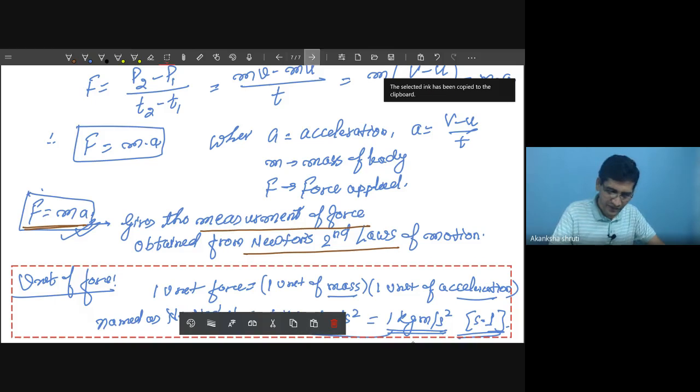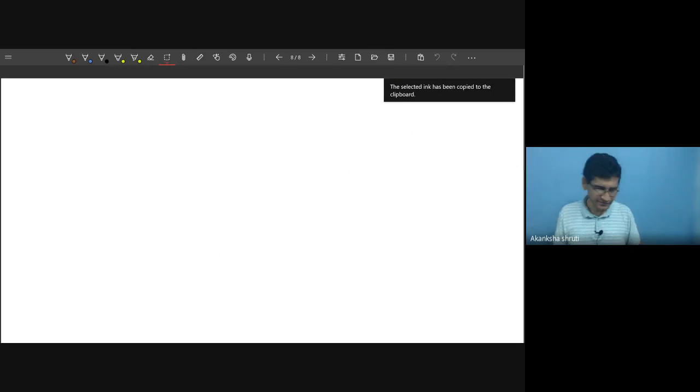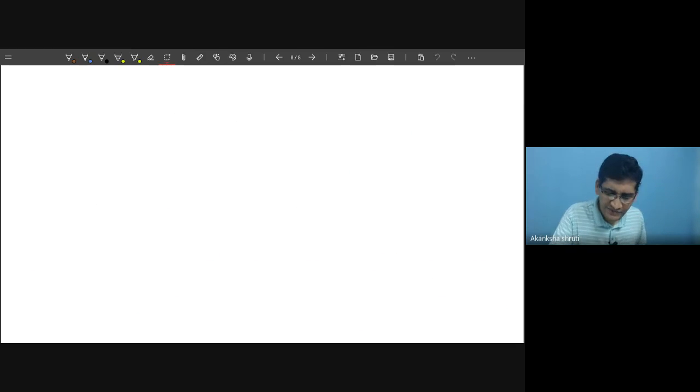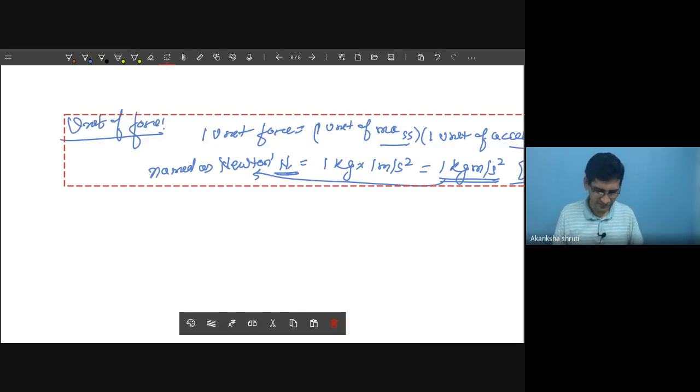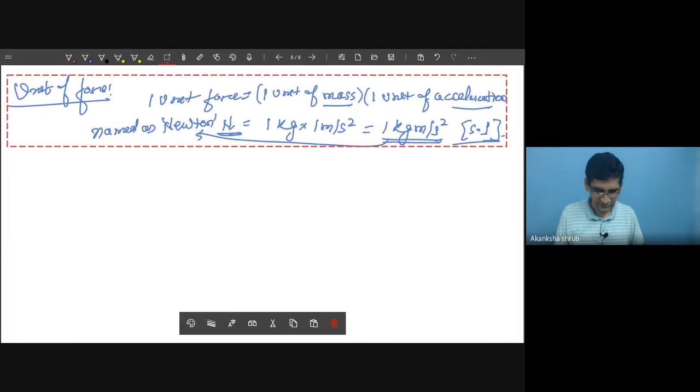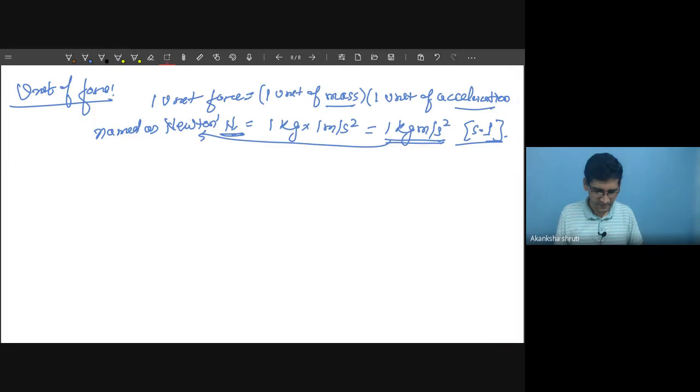Students, if we are changing the unit to CGS, so it is our SI unit. So that we have to keep in mind.